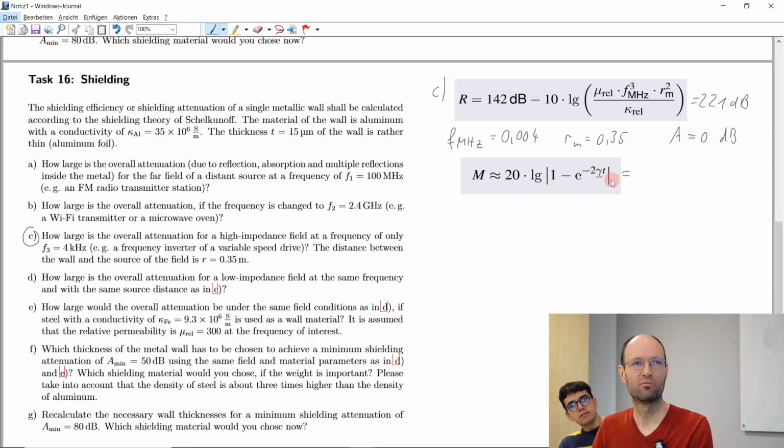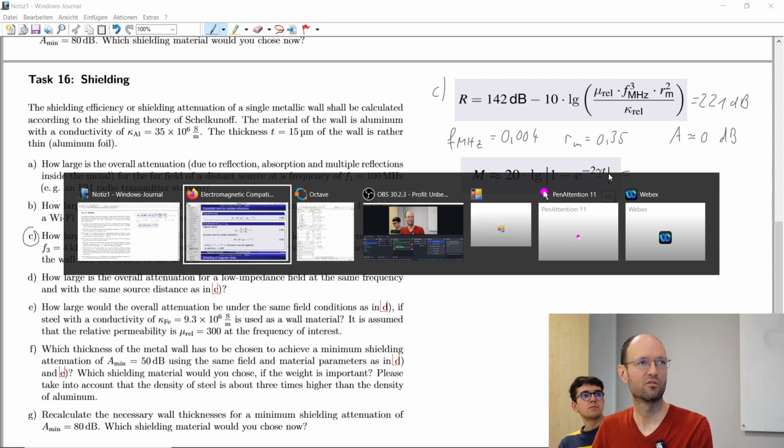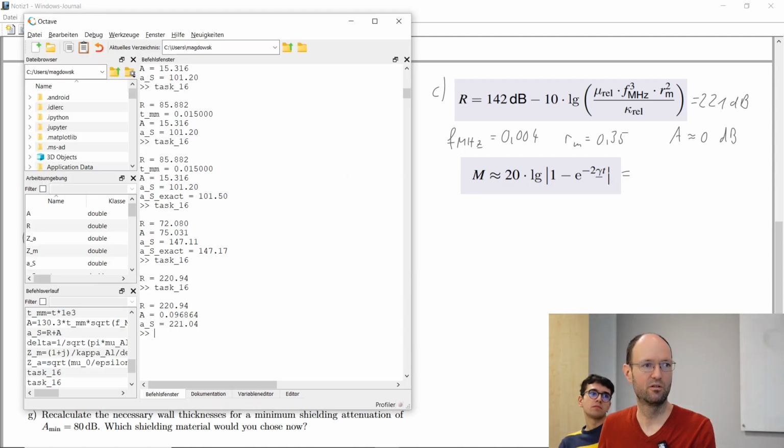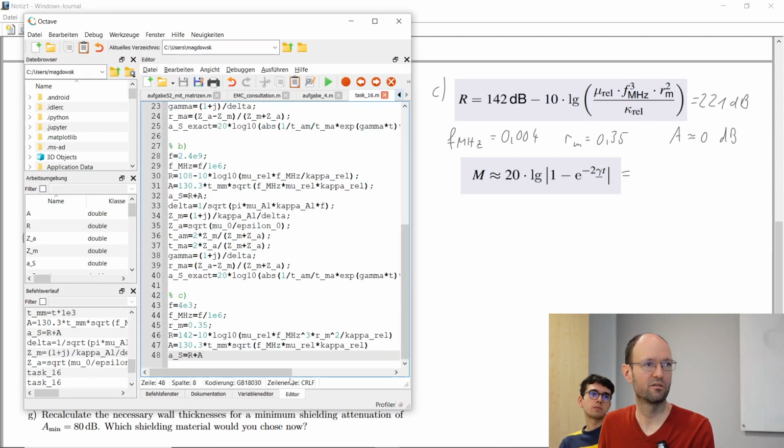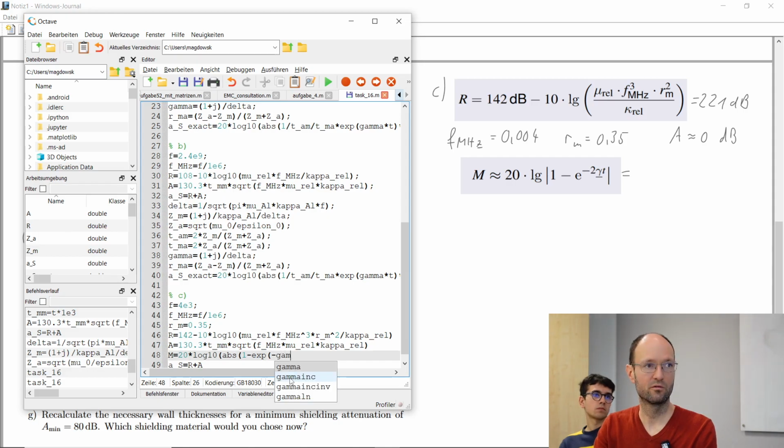Absolute value should not be a problem, and decadic logarithm of this also not. So here we can have it simple. We can say that M is 20 times decadic logarithm of the absolute value of 1 minus exponential function minus 2 times gamma times the thickness. So closing parenthesis, that should be it.